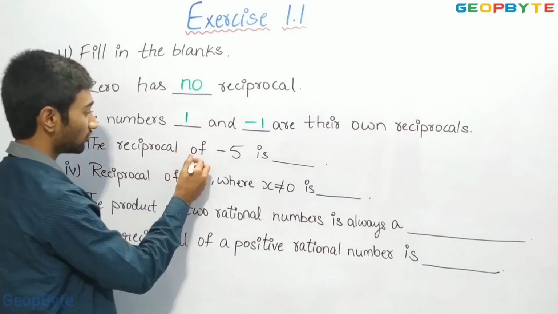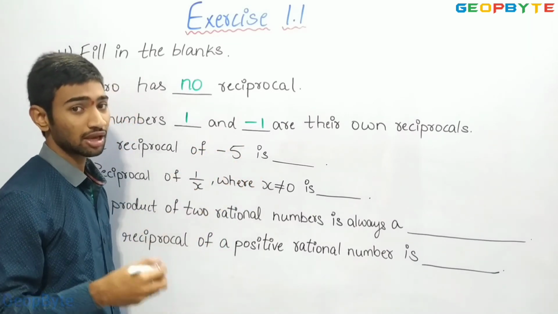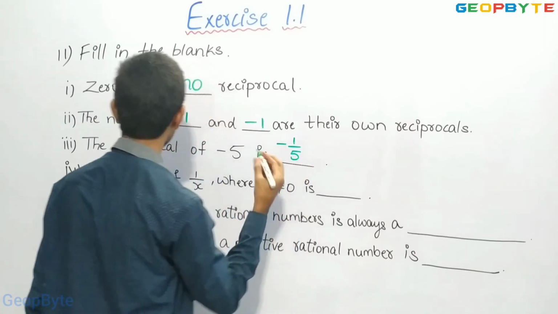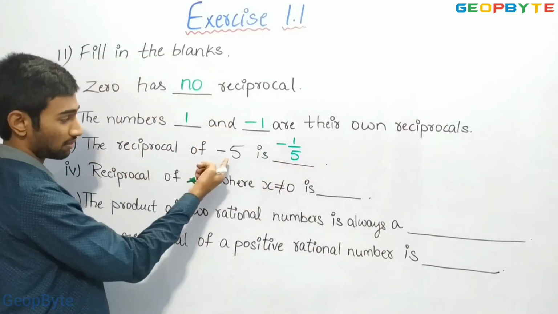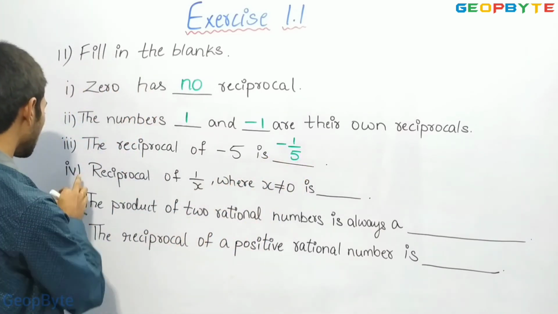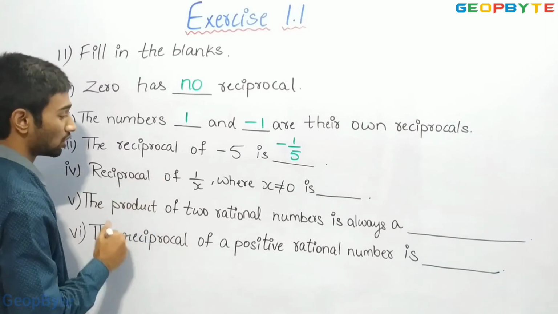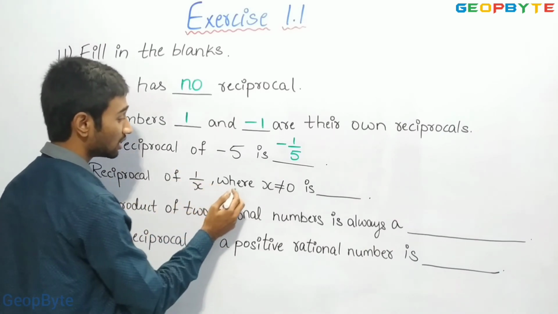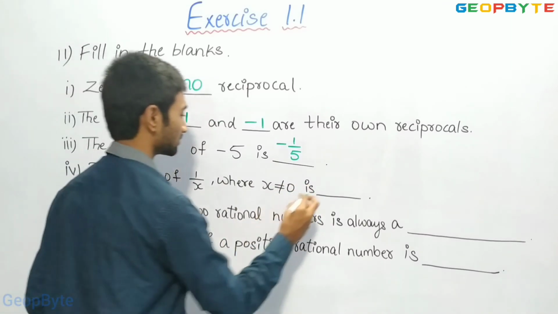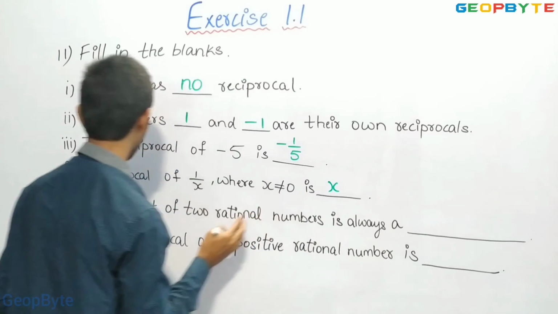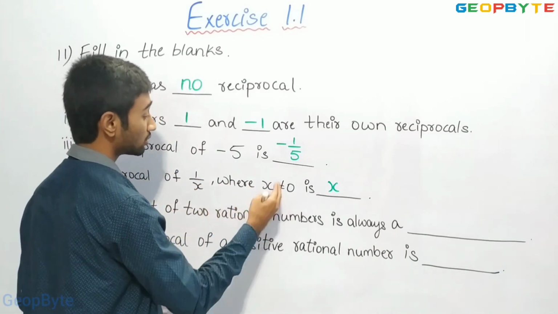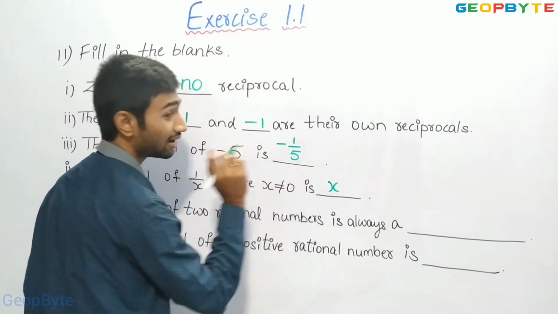The reciprocal of minus 5 is minus 1 by 5. Therefore, the reciprocal of minus 5 is minus 1 by 5. Next, fourth one. Reciprocal of 1 by x, where x is not equal to 0, is x. Therefore, the reciprocal of 1 by x, where x is not equal to 0, is x.